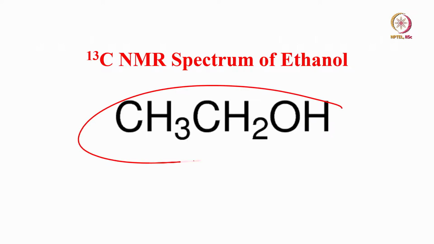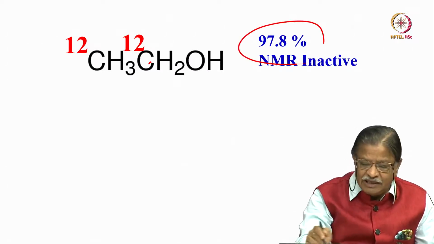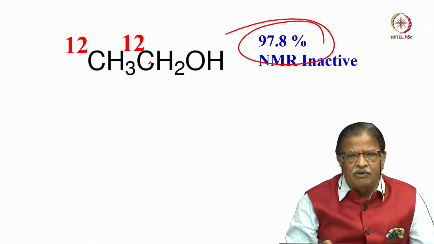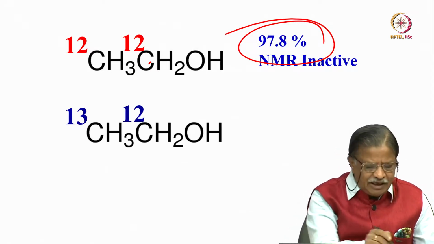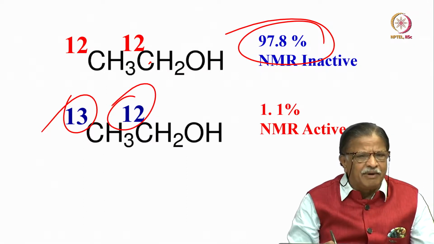Ethyl alcohol, 2 carbons are present here. We already discussed the possibilities of carbon 13 present here. We said if this is carbon 12 and this is carbon 12, both are carbon 12, 97.8%, NMR silent nuclei. Carbon 13 here, carbon 12 there, 1.1% NMR active.